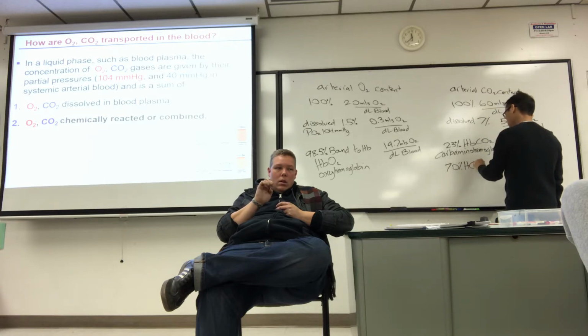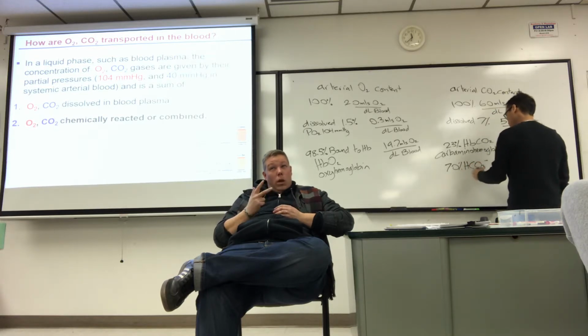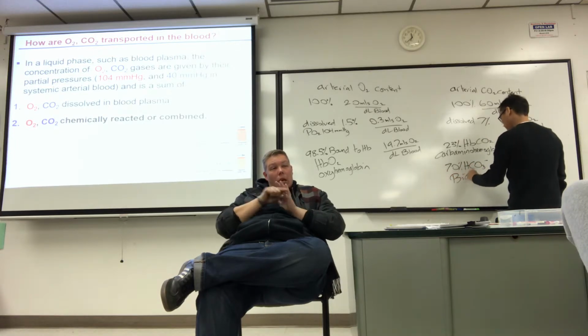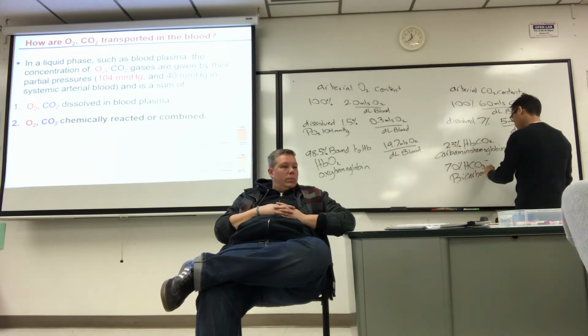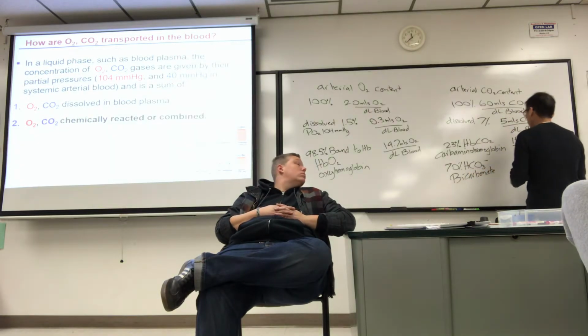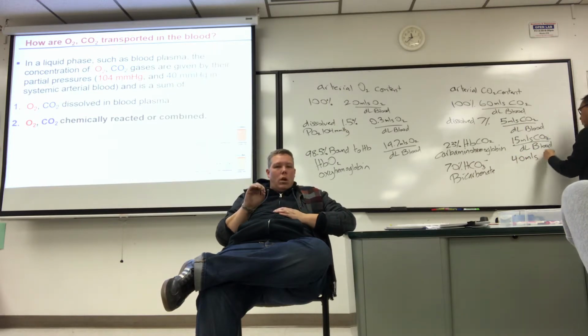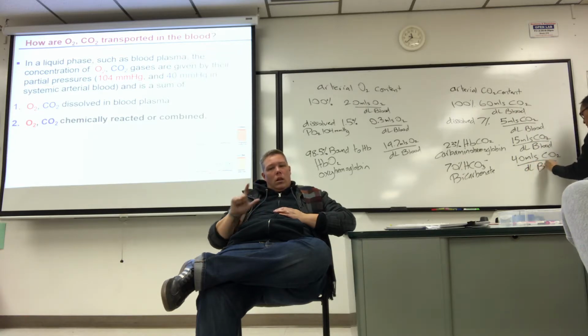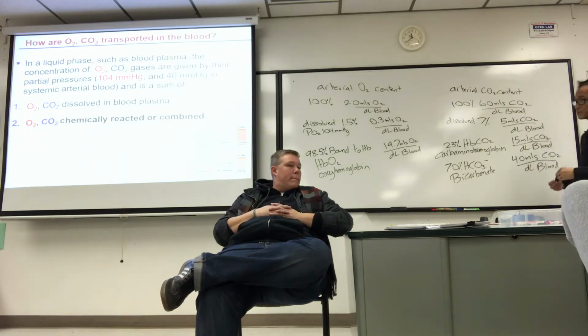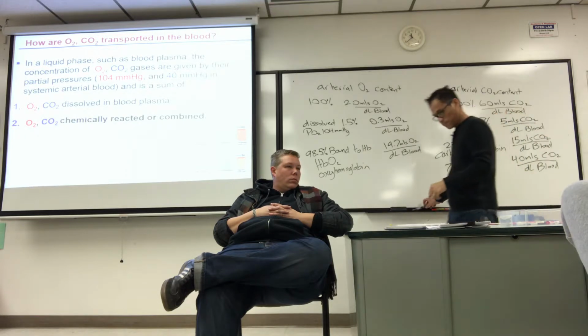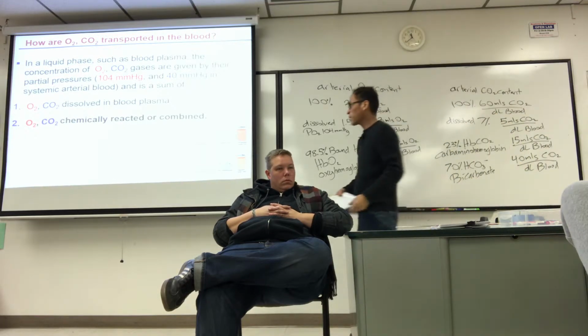Bicarbonate is HCO3, full negative charge. So that's the rest. It's about 40 mils CO2 per deciliter of blood. Right, so that's how the numbers break down.